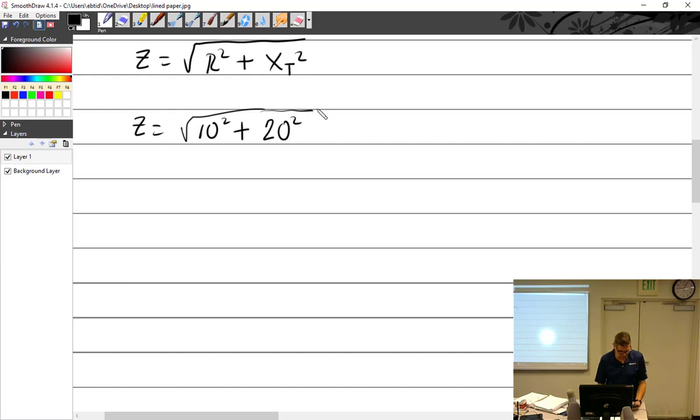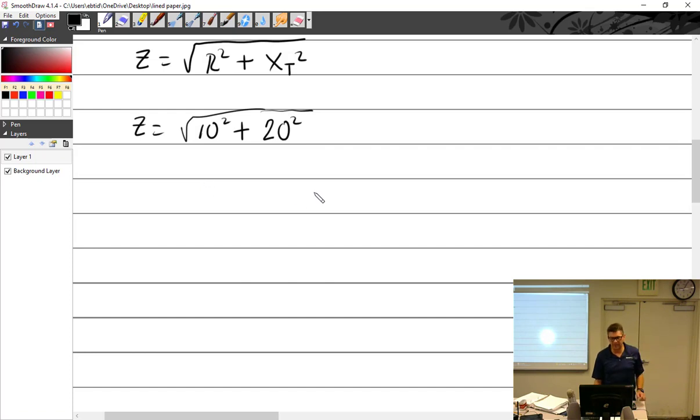Now I think using this calculator, you can do the entire function inside of it. Nope, it said error. I probably did it wrong. I must have fat fingered it.